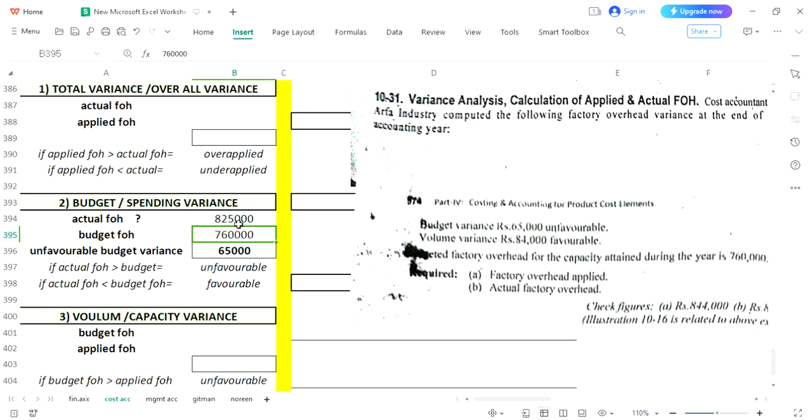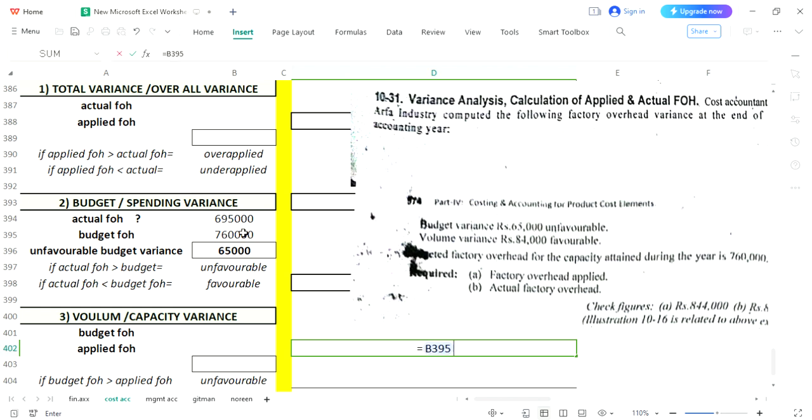Another option I'm willing to tell you: if 65,000 and 7,60,000 are to be subtracted, 7,60,000 minus 65,000, you have got 6,95,000. Let's take the difference, 760 minus 695, and you will see again you will get 65,000.